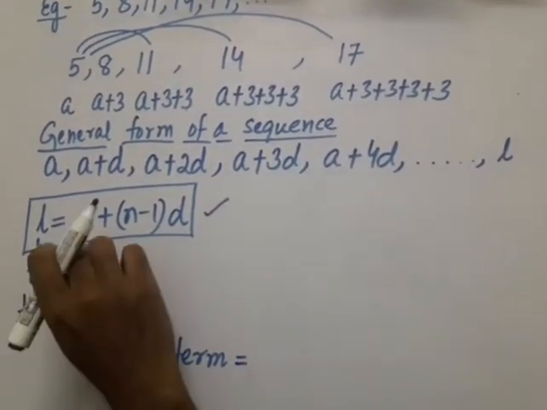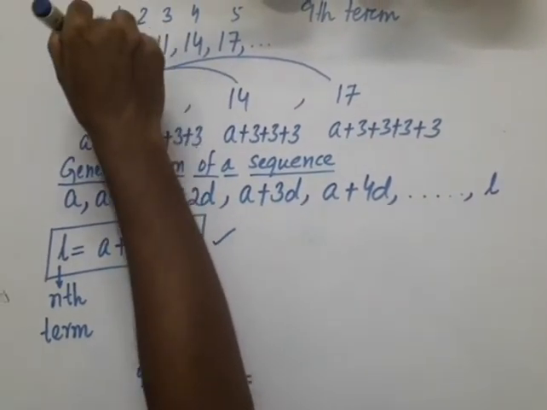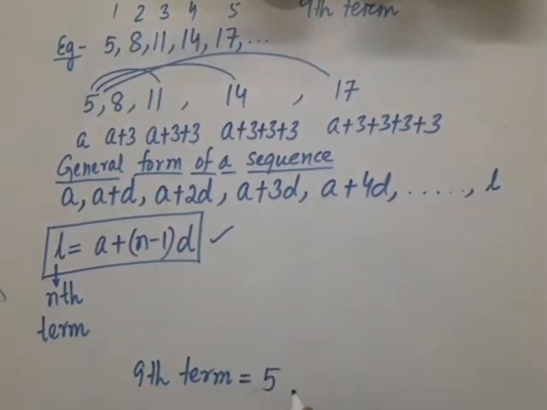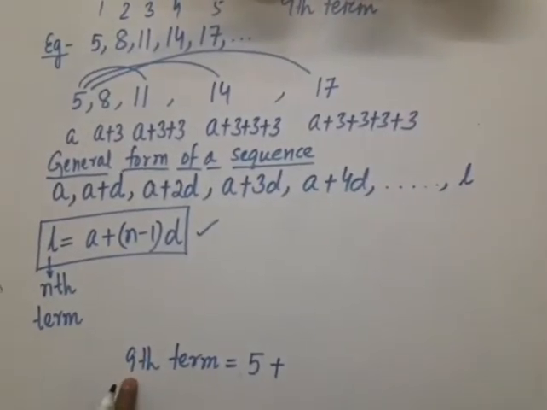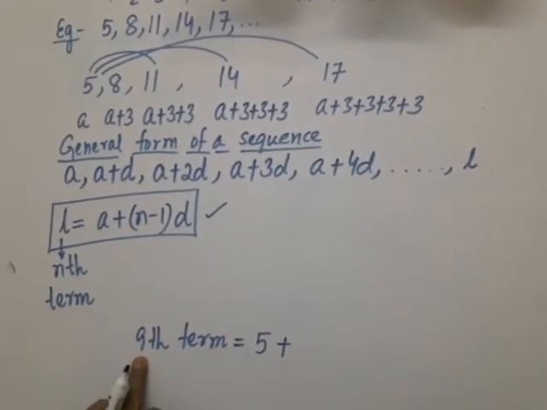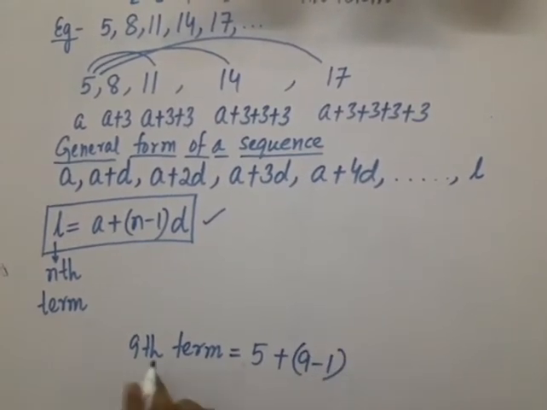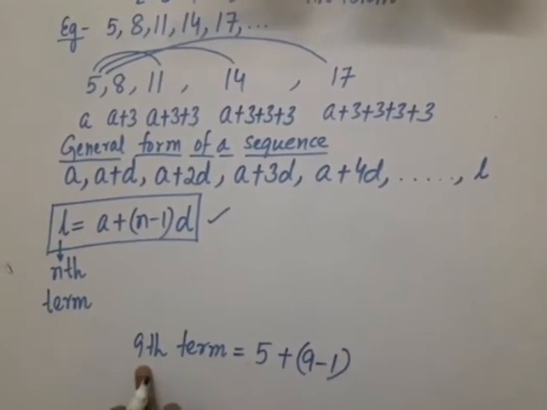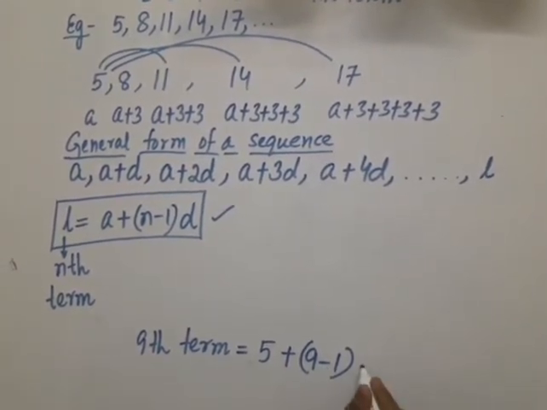The first term of this sequence is A, which is 5, plus n minus 1. N is 9 here, the ninth term we are finding, so 9 minus 1 into D.